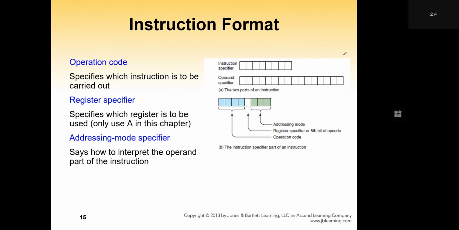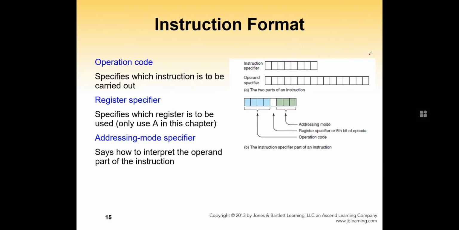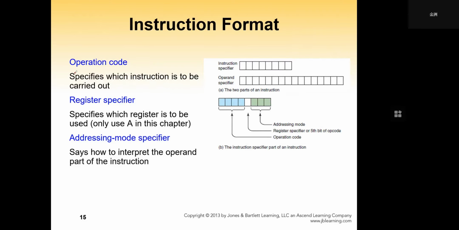So the format of the instruction specifier varies depending on the number of bits used to represent a particular operation. It may be 4 bits or 5 bits. Firstly, the operation code specifies which instruction is to be carried out.